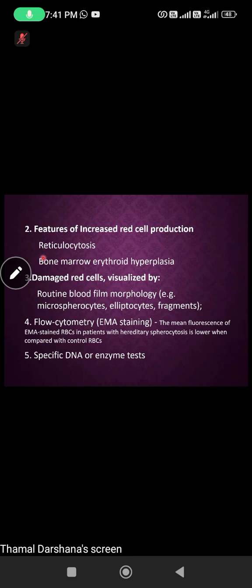So it clearly indicates the hyperactivity of the bone marrow and ongoing hemolysis. And bone marrow erythroid hyperplasia is also indicative.